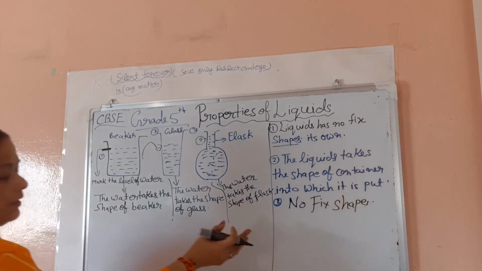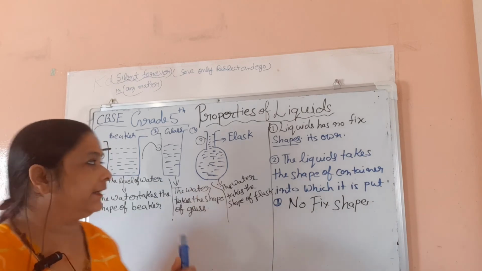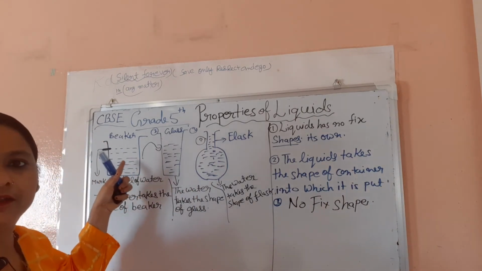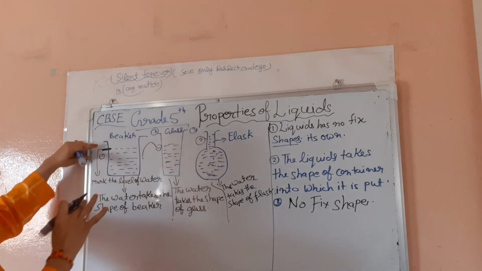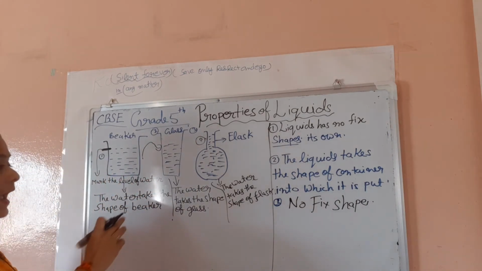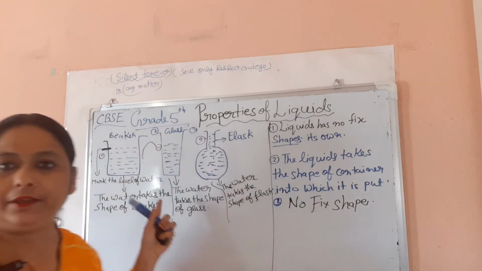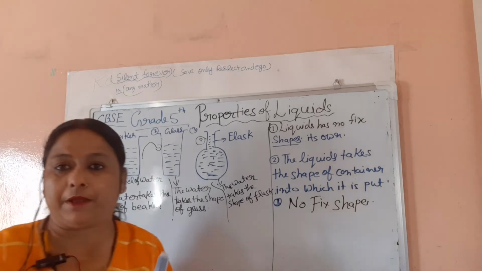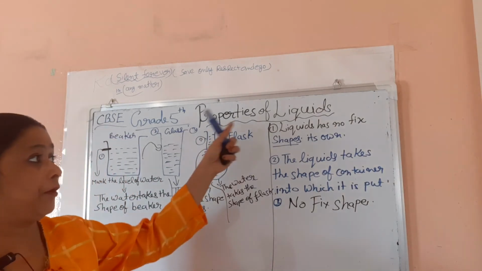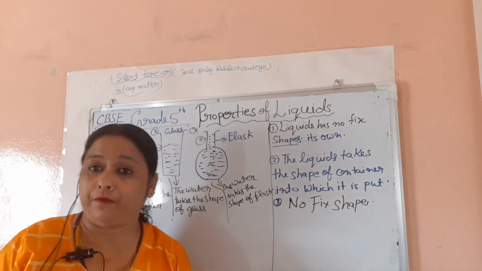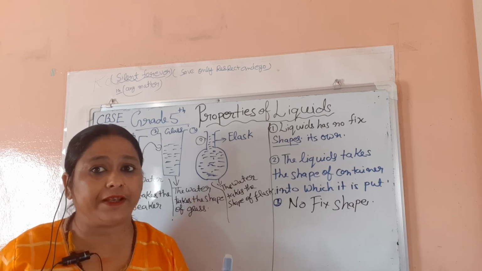We prove this with this little experiment. Revise again: firstly, take a beaker and fill it with water. Observe the water and mark the level of water. Observe that the water takes the shape of the beaker. This experiment is very simple and helps understand the concept, because liquid or water has no fixed shape.